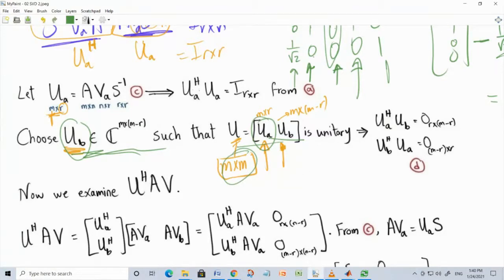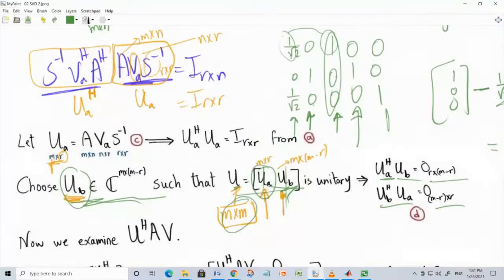Now, because this matrix is unitary, by definition its columns are orthogonal, so the inner product of any vector in UA and UB gives you 0. It means that the new vectors in UB are obtained by design such that they are orthogonal to everything in UA. So this is matrix U, and it comes from this.